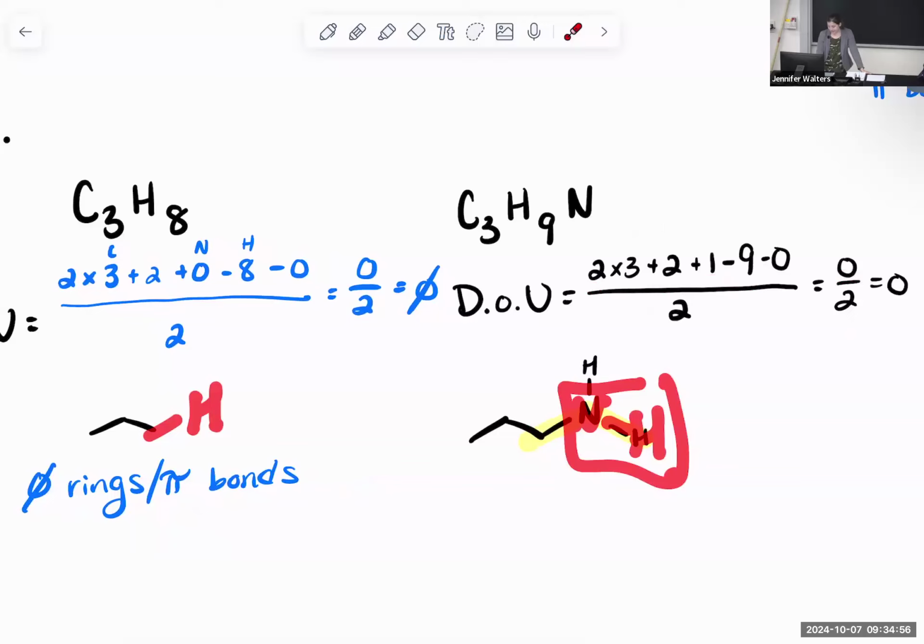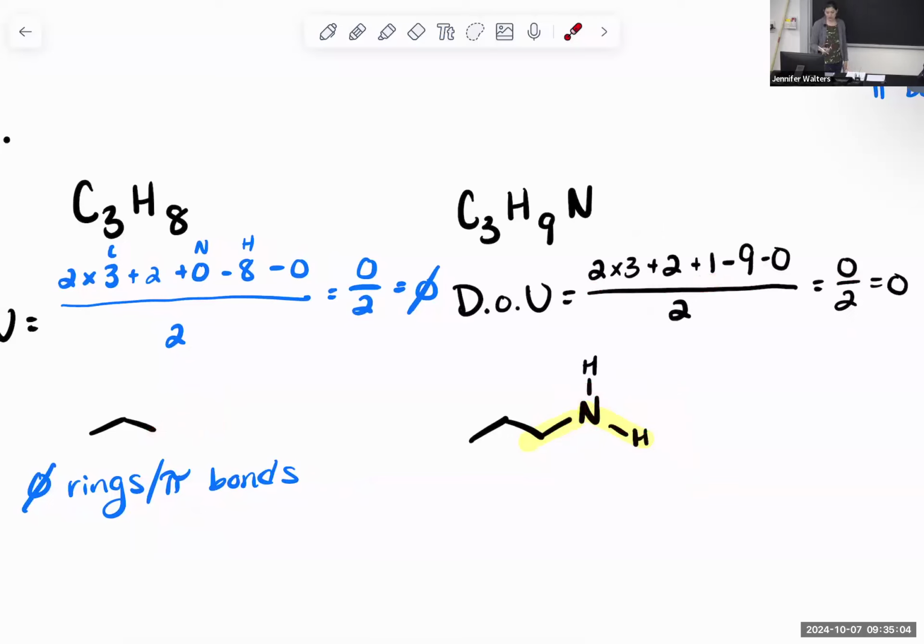So when I add a nitrogen, it adds a hydrogen. That's why you had to add in the number of nitrogens. It increased the total number of hydrogens by 1. So I still have 0 unsaturations, 0 rings, 0 pi bonds for that structure.